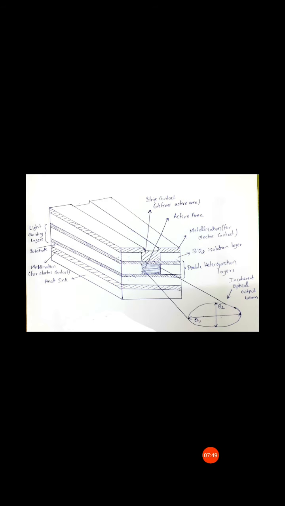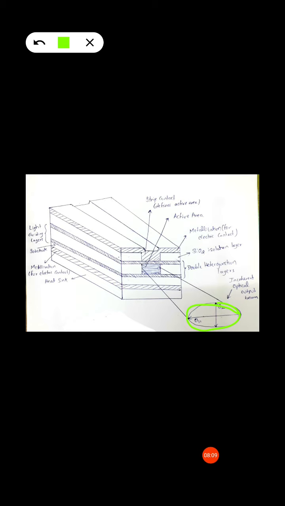Next, from this active region we are getting the light, and that has the output beam here. If you see here, this beam has both a perpendicular and a parallel half power beam width.